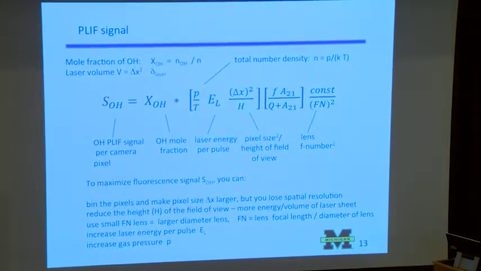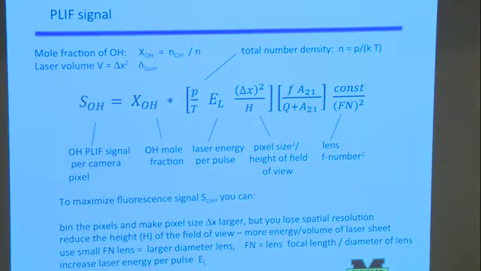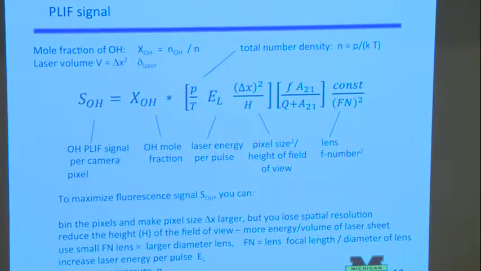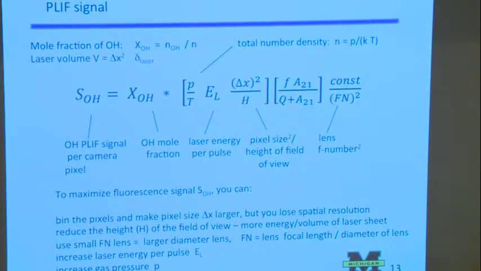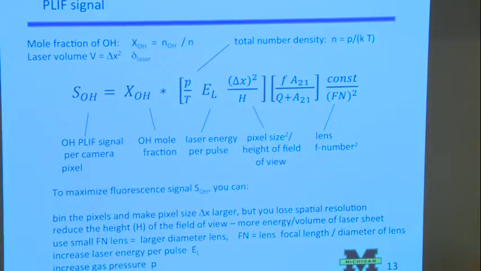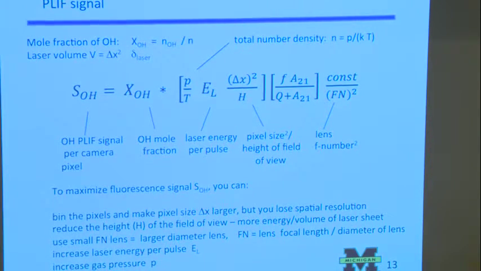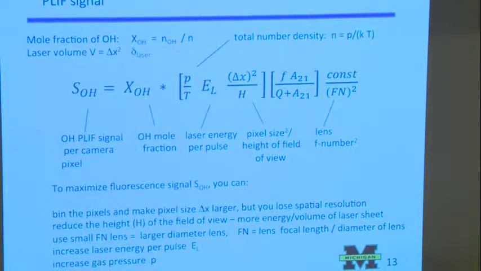And Fn is the F number of the lens. The smaller that is, the better the lens is, the more light you get. So if you're running an experiment, one thing you can do is bin the pixels.